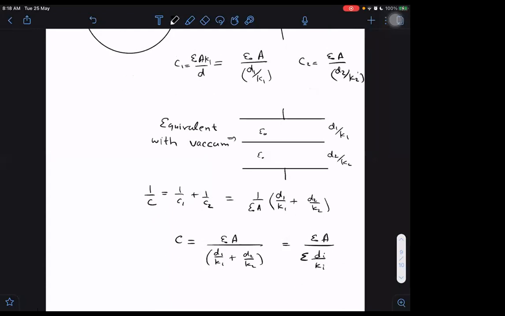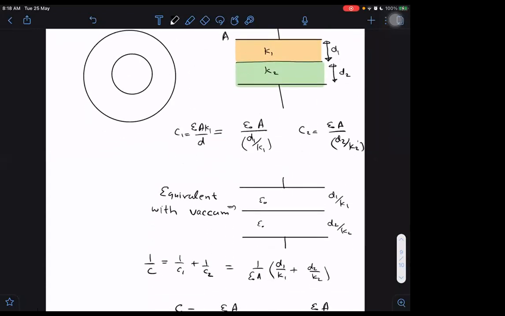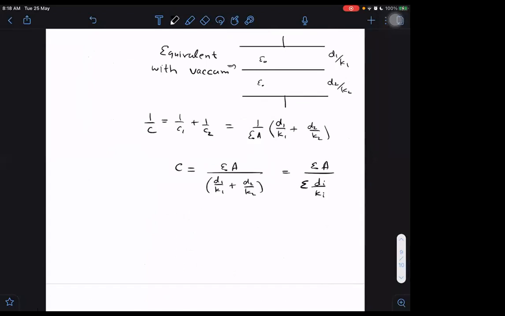This is the equivalent diagram with vacuum. This is one example I have taken. Another example I would like to take for parallel plate only, then I will come to the spherical one. Another example would be, if I take the same dielectrics.